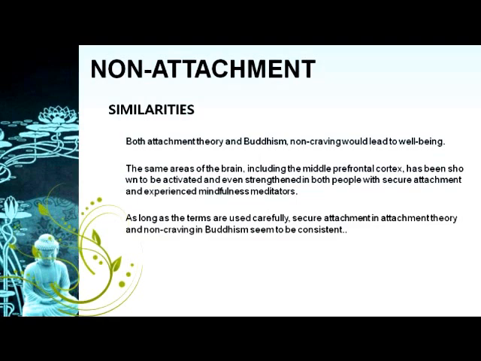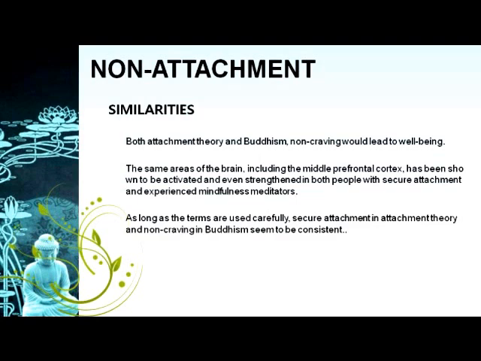People with secure attachment also tend to have their children securely attached to them for the same reason. Thus, the entire situation appears close to the notion of non-craving in Buddhism. That is, in connection to both attachment theory and Buddhism, non-craving would lead to well-being.